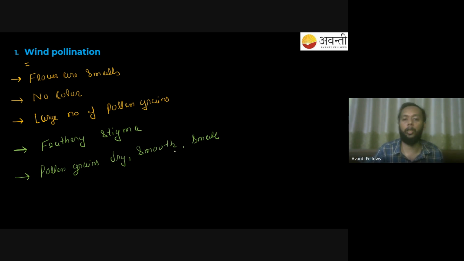They are going to be produced in a large number. And also remember, they will have a winged shape. Now, when I say winged shape, that actually means they will have a shape which allows them to float in air. उनका शेप कुछ इस तरीके से होता है जिसके से वो हवा में तैर सकते हैं, so that they can actually travel along with the air, right?